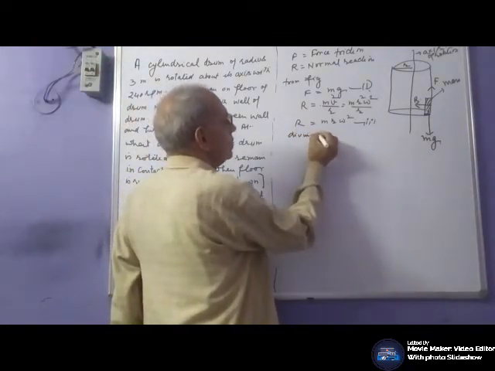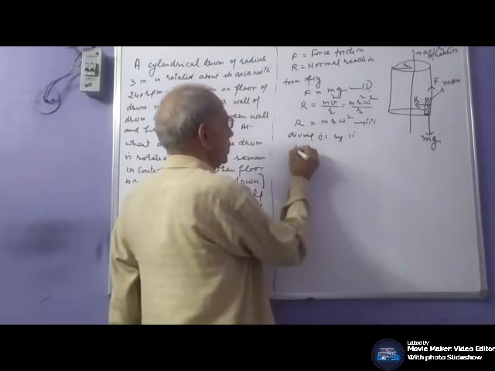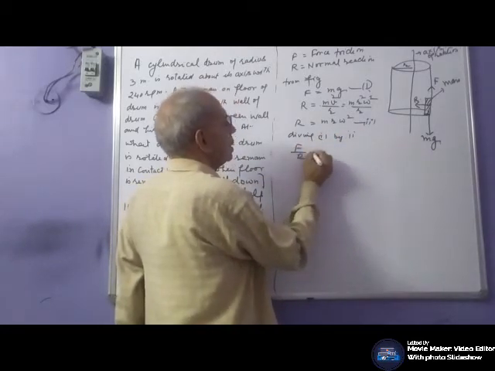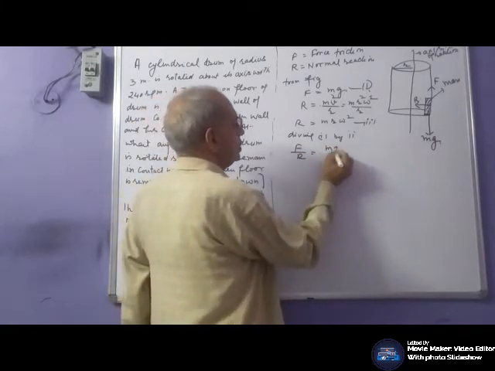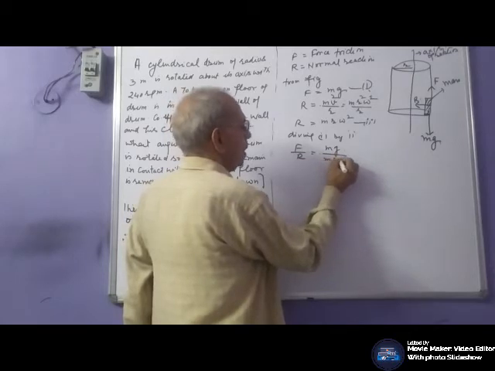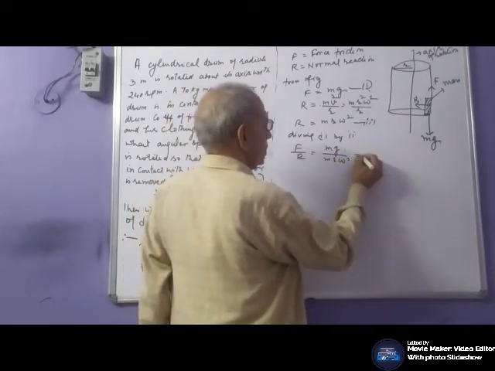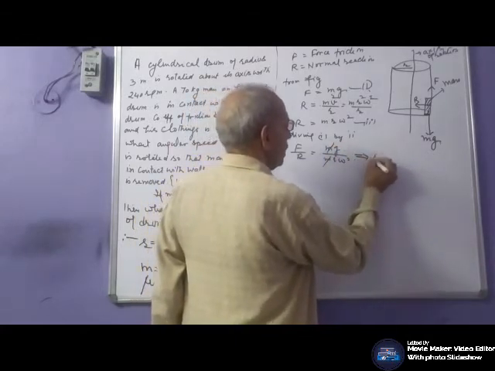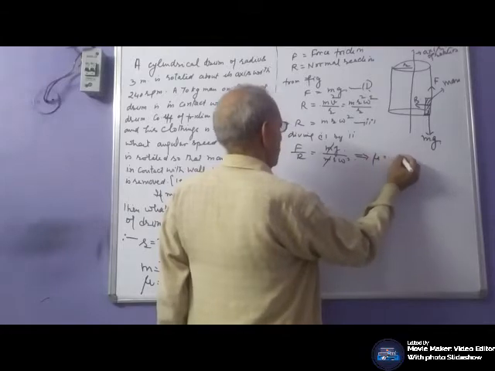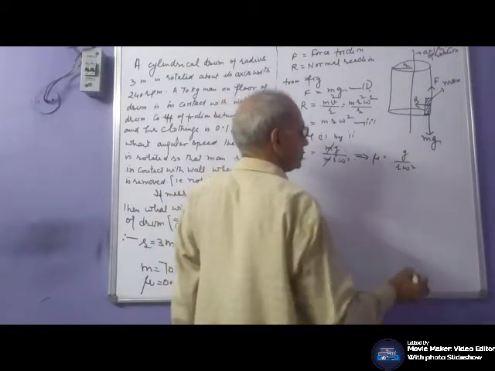Dividing first by second, F by R is mg over m r omega square. m goes with m. F by R is g over r omega square.